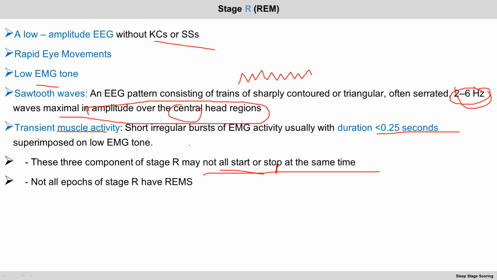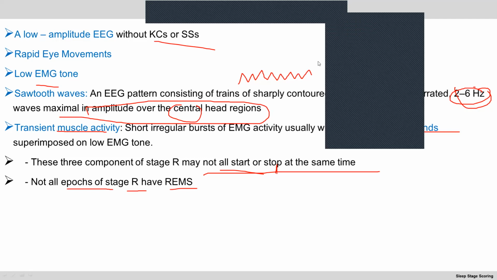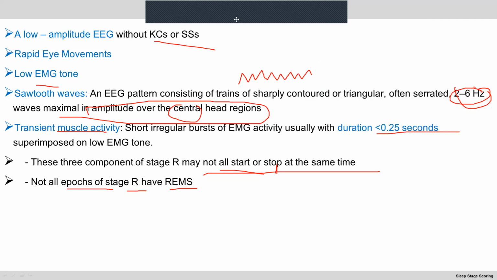This is where somebody also asked a question about REM density. It is very important now that not all epochs of stage R have REMs.